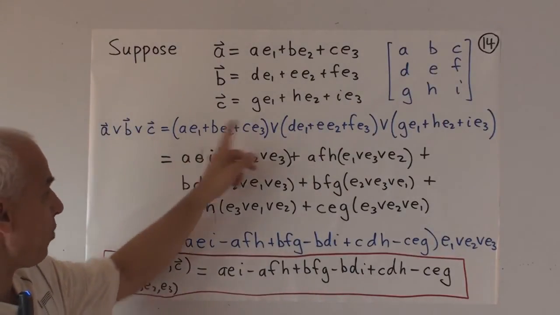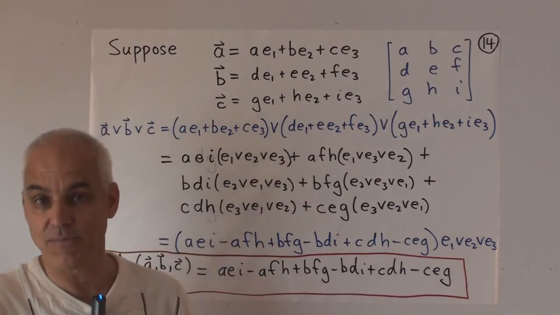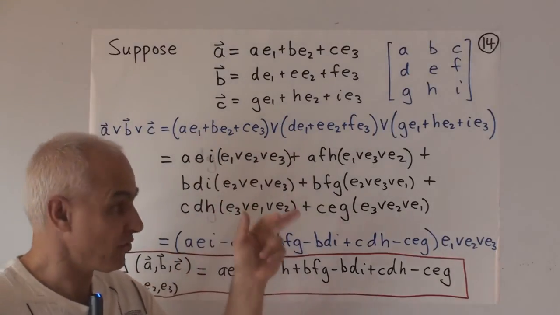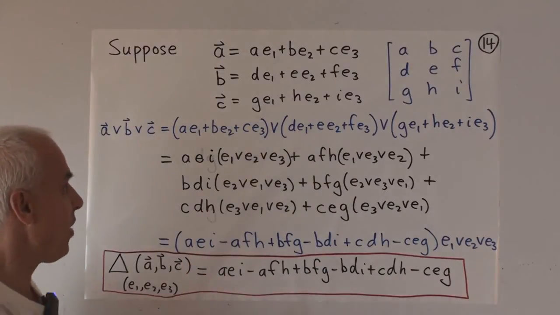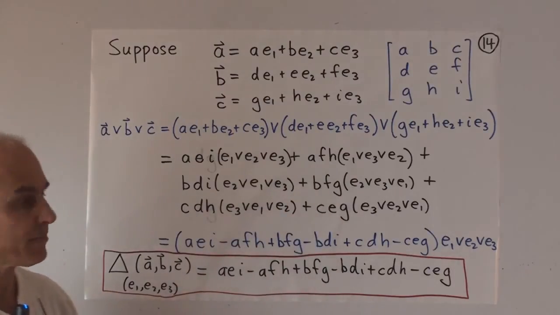If we have E1 wedge E1 anywhere in a wedge, then that's automatically 0. So in other words, whenever we have two Ei which are the same in a triple, we get 0. So the only ones which are not 0 are the ones involving E1, E2, E3 in some combination.